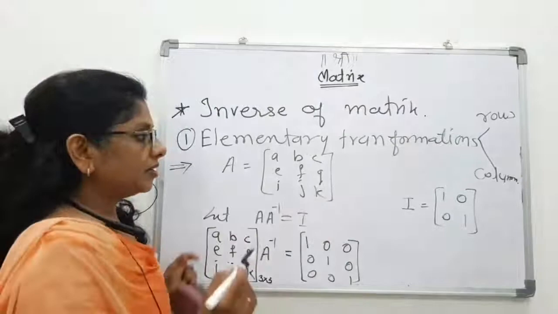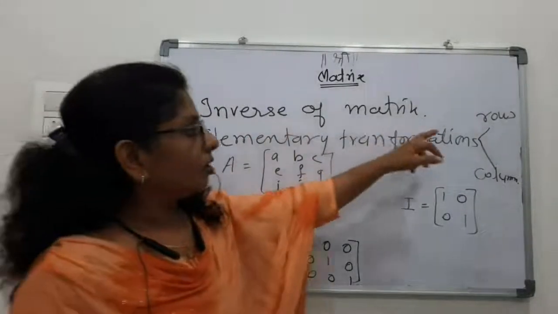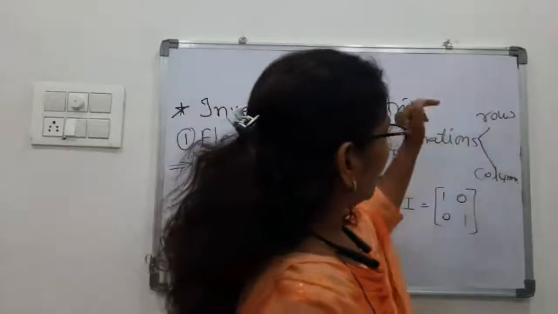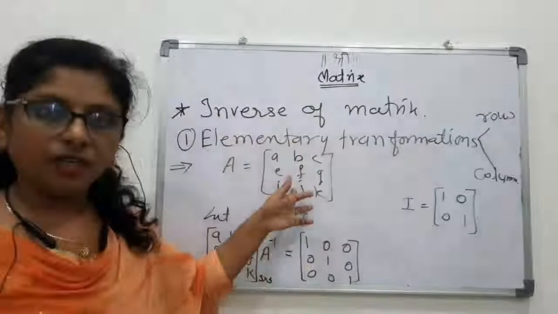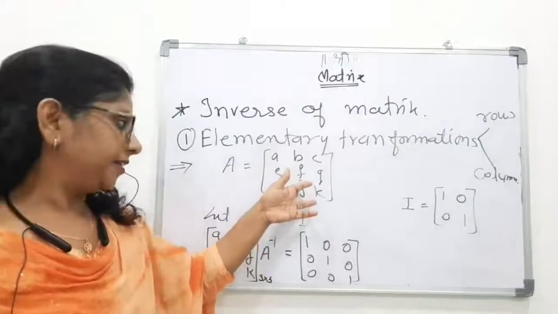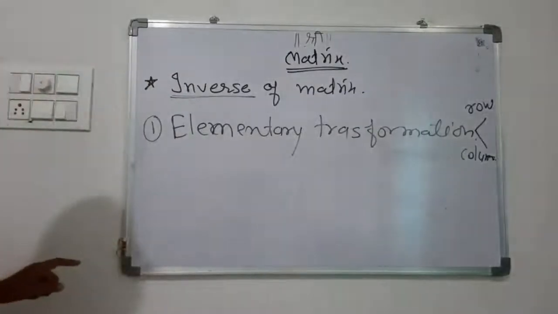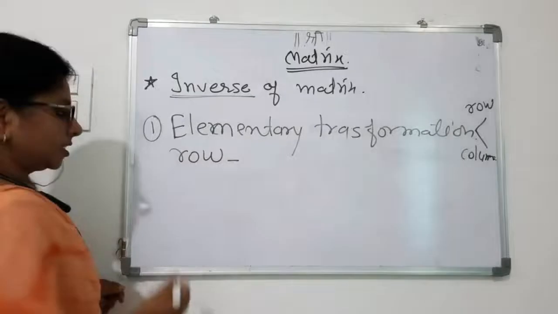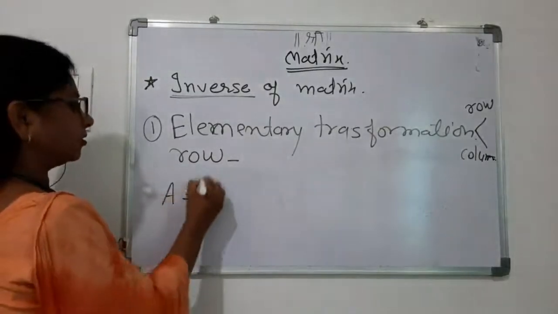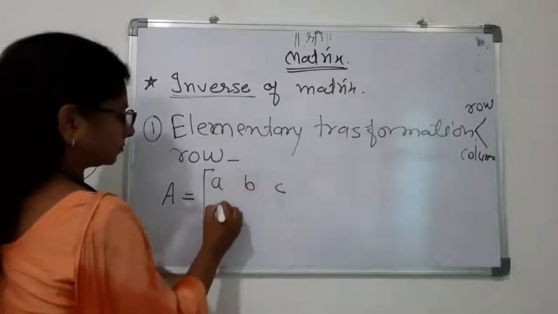Understood? Now we will separately see what to do when row transformations are applying or when column transformations are applying on this A to get an identity matrix. So first we will discuss row elementary transformation. Suppose we have a matrix A, non-singular of course.